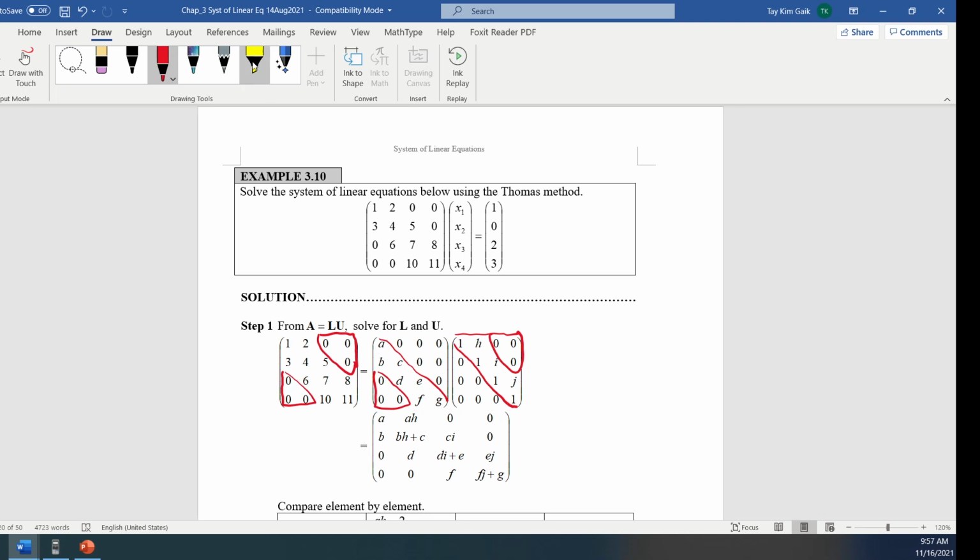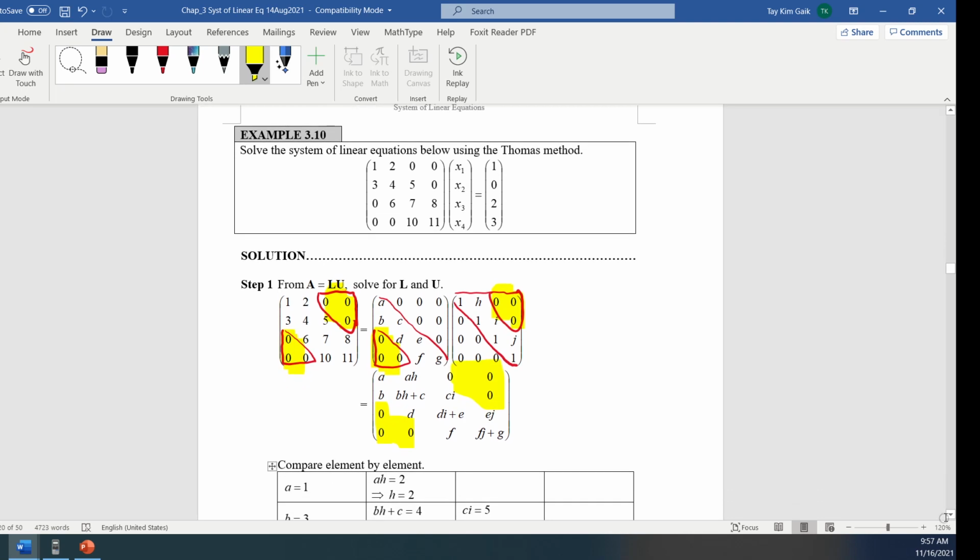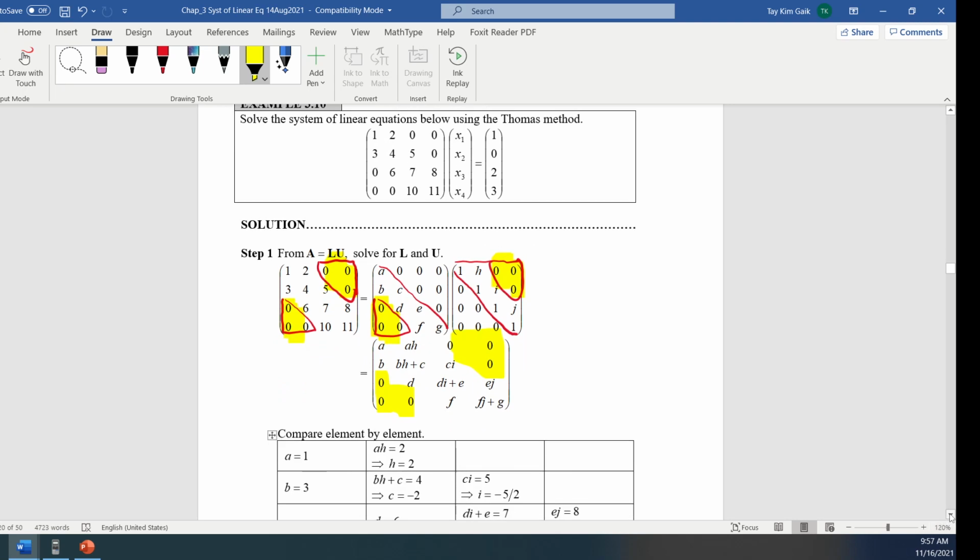That's why this part must be 0. And this part 0 follows here. Then this one is 0 because you follow this. So that when you multiply L and U, you get back the tridiagonal matrix. So this is the Thomas method for a 4 by 4 system.